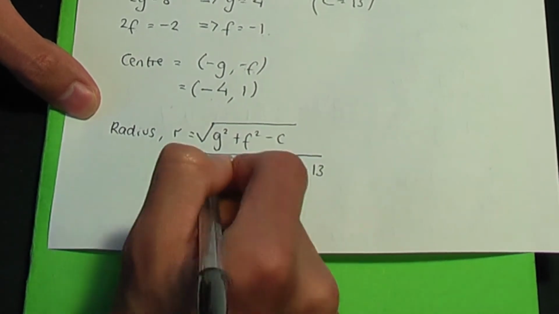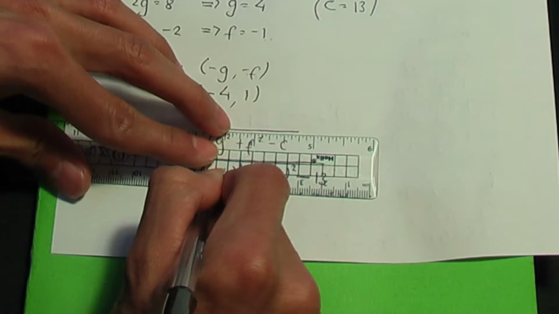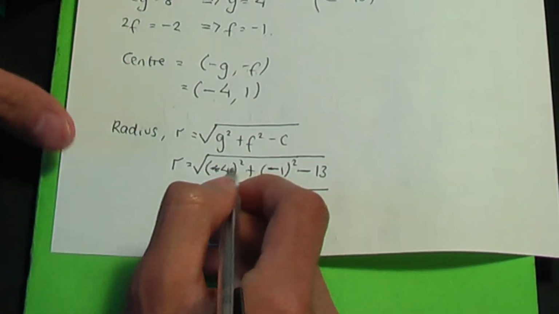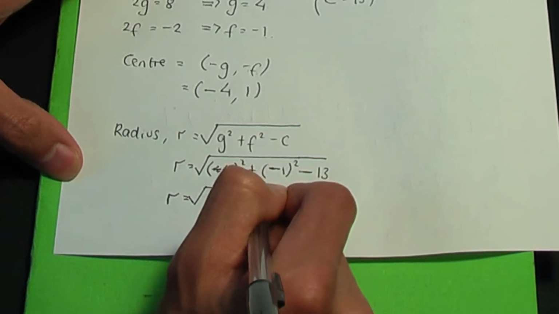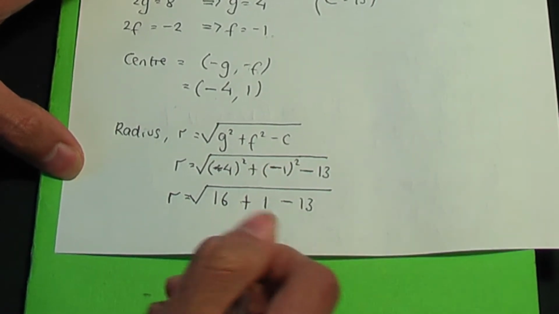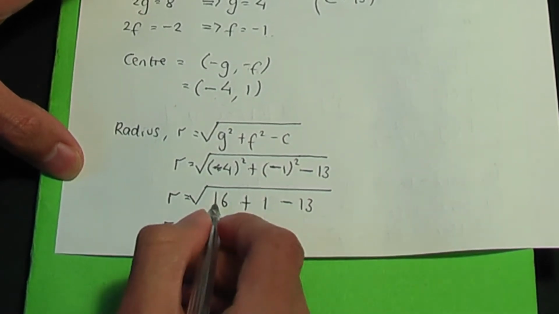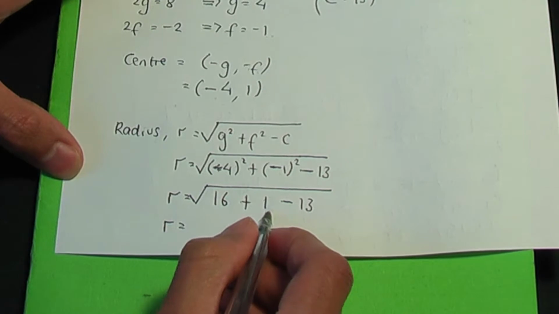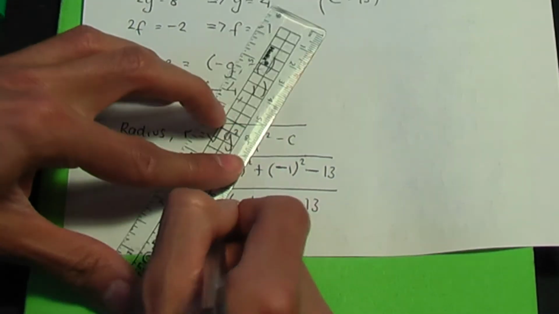If we simplify this, we're going to have the square root of 4² being 16, plus (−1)² being plus 1, minus 13. So r will be 16 plus 1 is 17, minus 13 is 4.